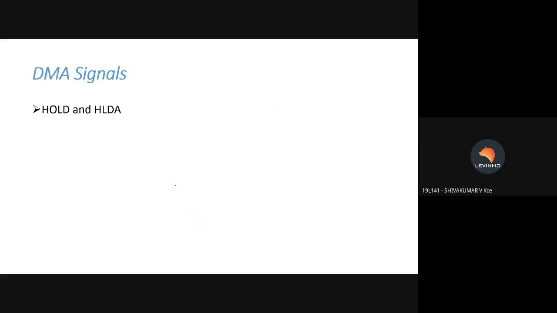Okay, now we can see about those signals, HOLD and HLDA. HOLD is an active high input signal. Can anyone justify, is the HOLD signal generated by the CPU or the DMA controller?